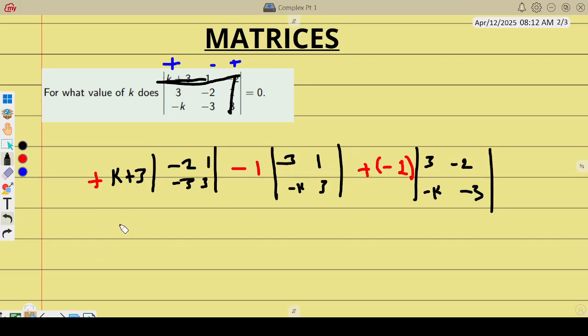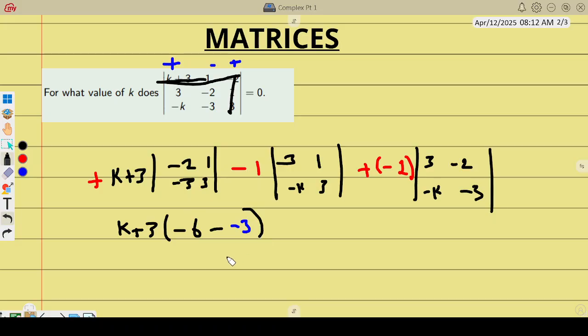So this will be k plus 3. We multiply negative 6 minus, this is negative 3 times 1. Please here you have to be very careful. This negative, it's automatic minus. So when we multiply minus, negative 3 times 1 is negative 3.